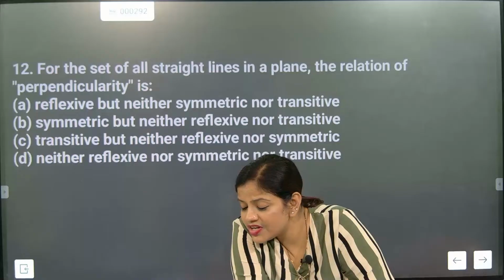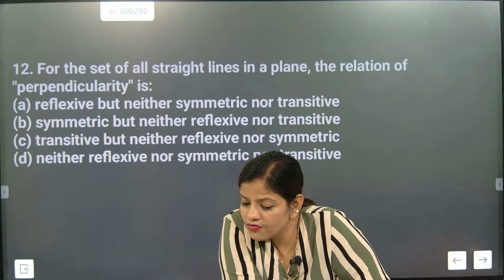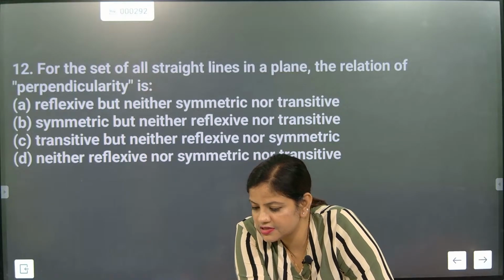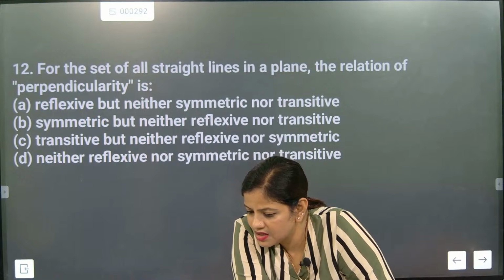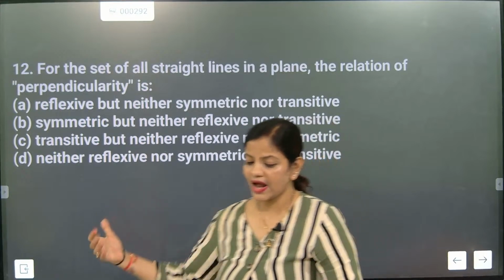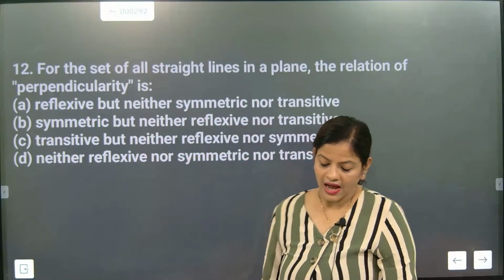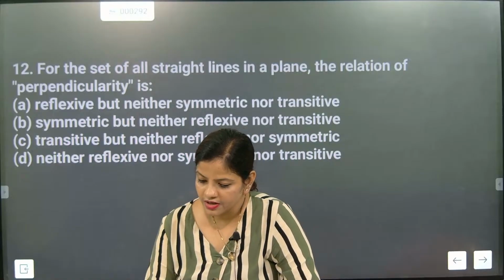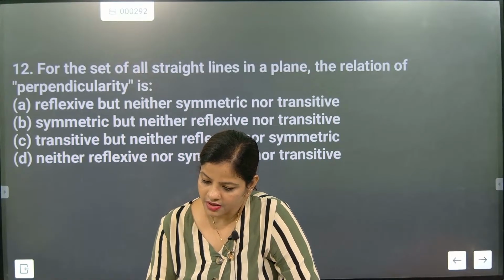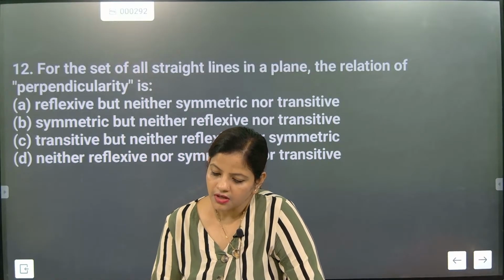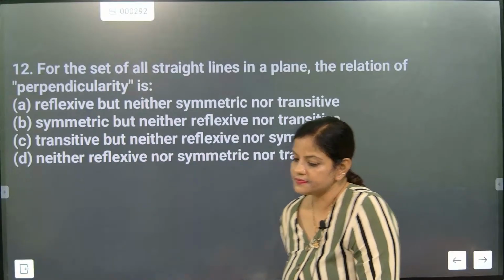The set of all straight lines in a plane, the relation of perpendicularity is, just now we have discussed here. Come on, go for it. Just now we have had a discussion about it. We had a complete discussion about it. So what is the answer here, Vijay?